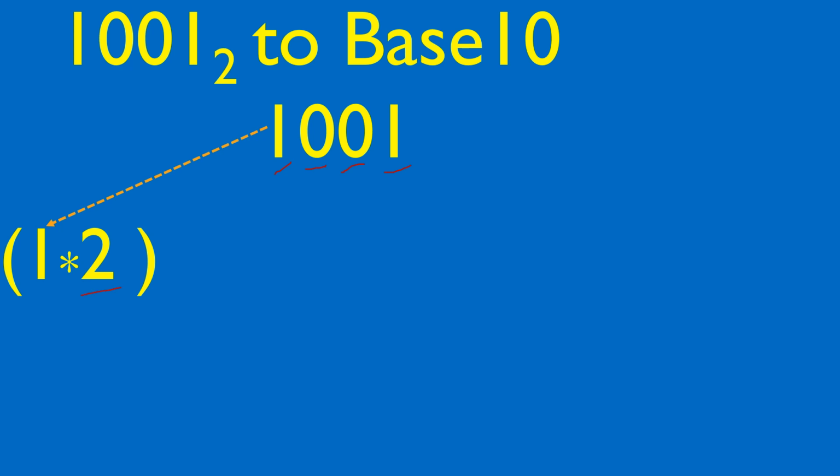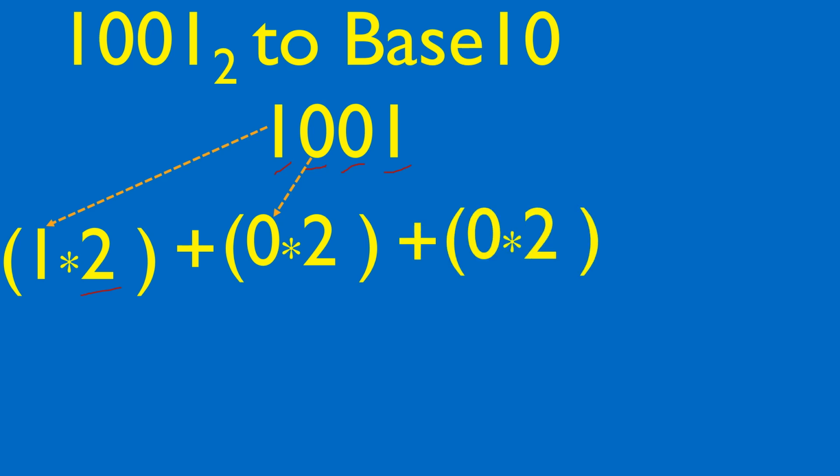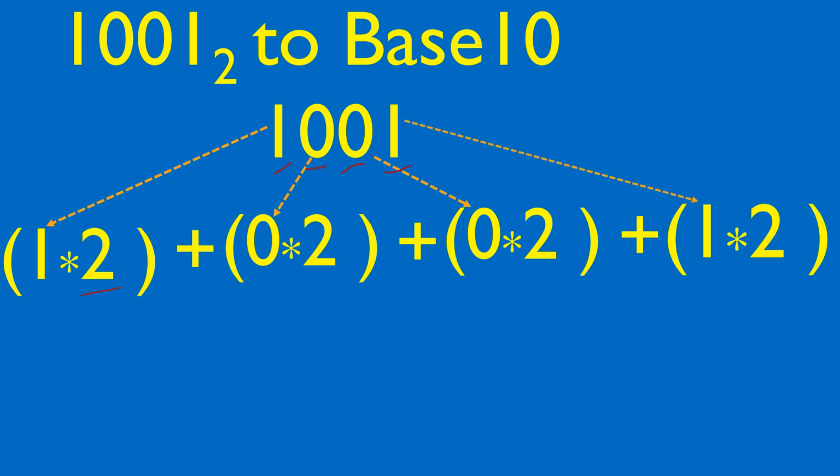The base is 2, plus 0 times 2. So that is the second digit, plus the next 0 times 2, which is the third digit there, and then plus 1 times 2, that is the last digit on the right hand side, the fourth digit. We are also multiplying it by the base, which is 2.